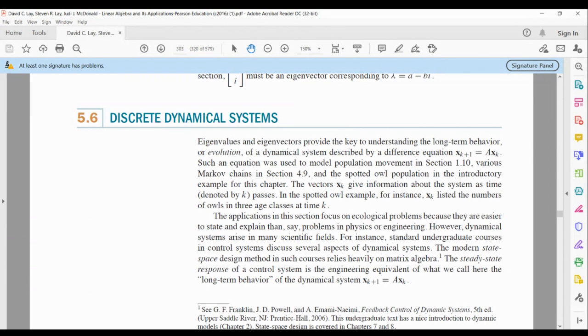But okay, it would be nice to see some applications, and a big application for eigenvalues and eigenvectors is discrete dynamical systems.